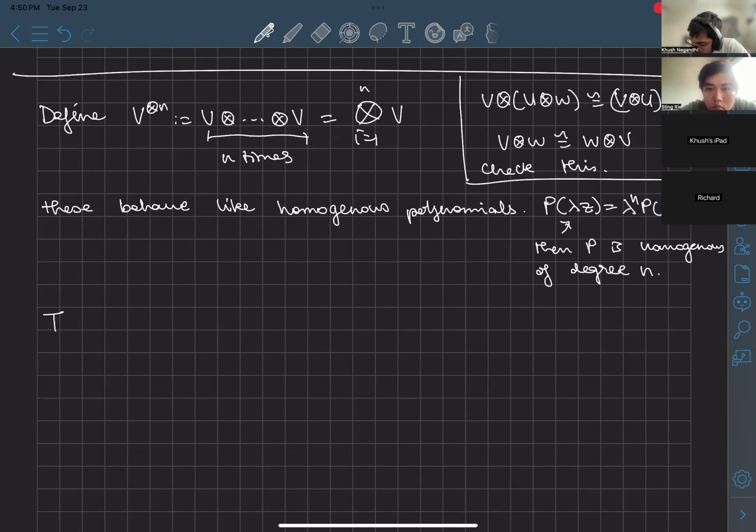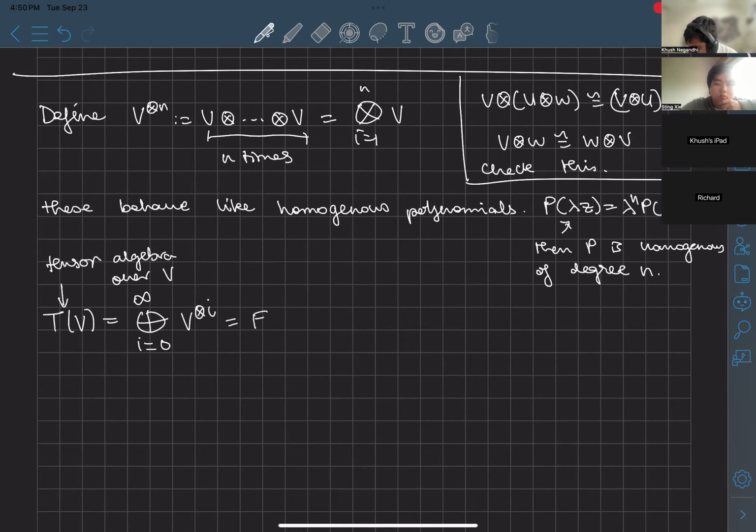And now I'll define something called the tensor algebra. This is the tensor algebra over V, and it's defined to be the direct sum as i goes from 0 to infinity of V tensor i. What this looks like is your field, direct sum with V, direct sum with V tensor V, direct sum with V tensor V tensor V, and so on.